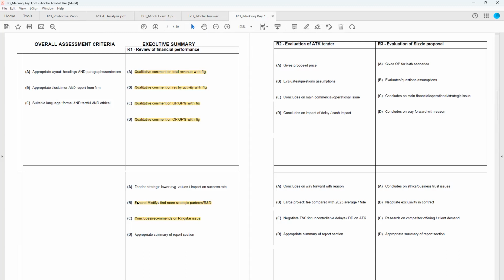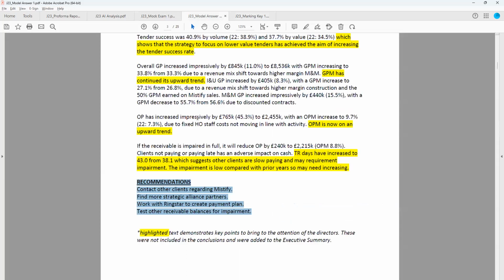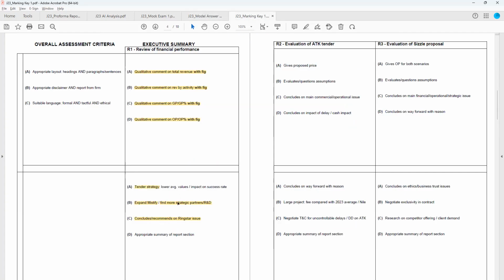It was as forecast, but perhaps we might expect to see that go up. So these were the conclusions. Then there was an additional point for looking at the tender strategy, whether that had been successful or not. We had added in a bit more on that in the exec summary, and then some specific recommendations here.